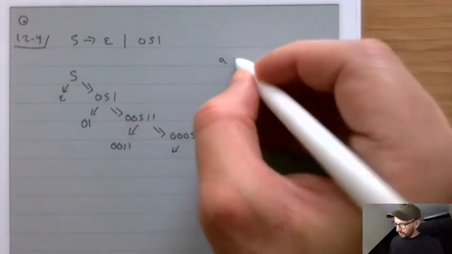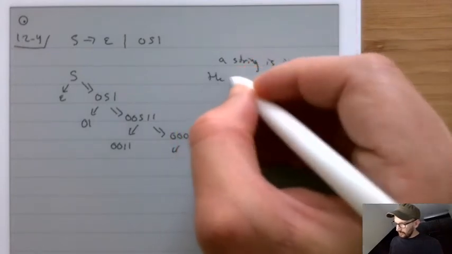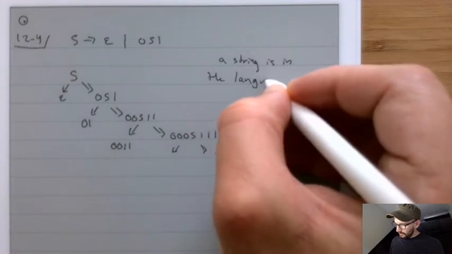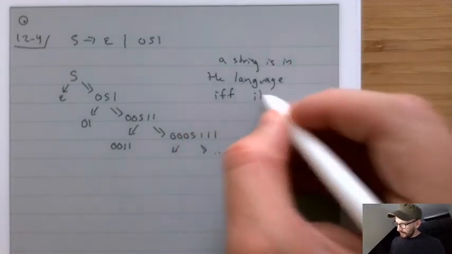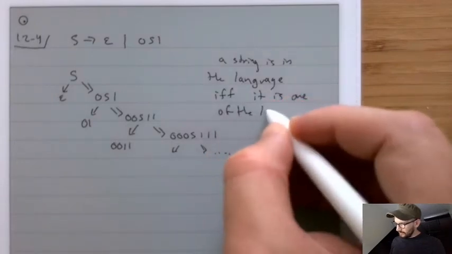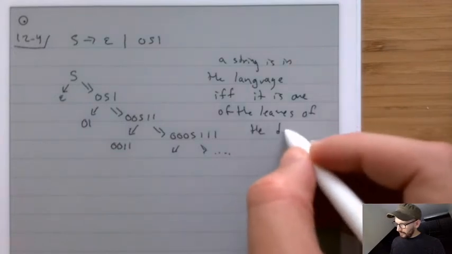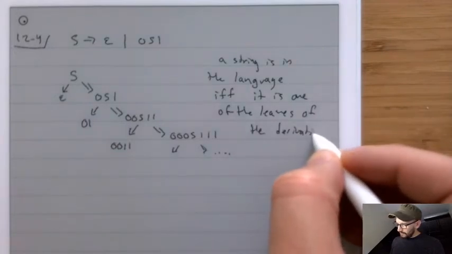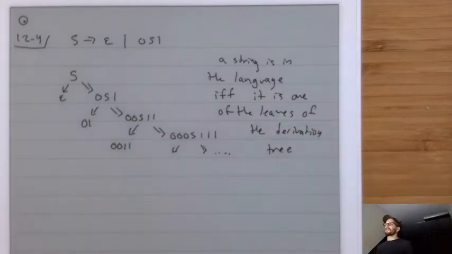So a string is in the language if and only if it is one of the leaves of the derivation tree. All right.